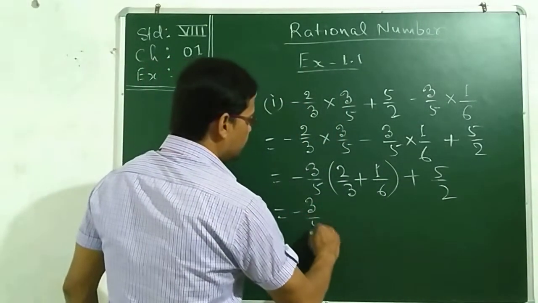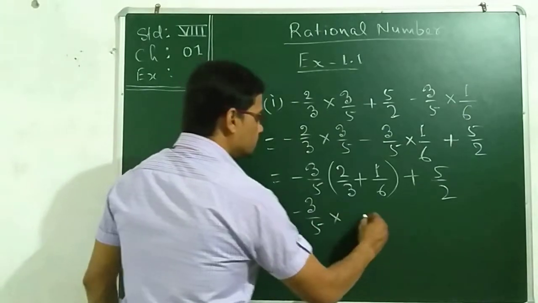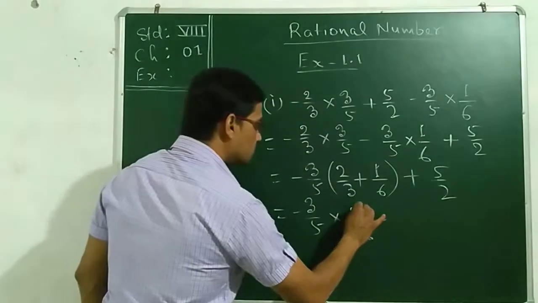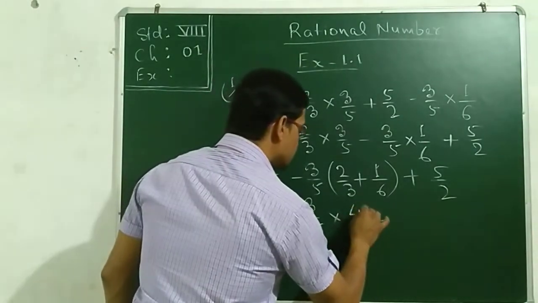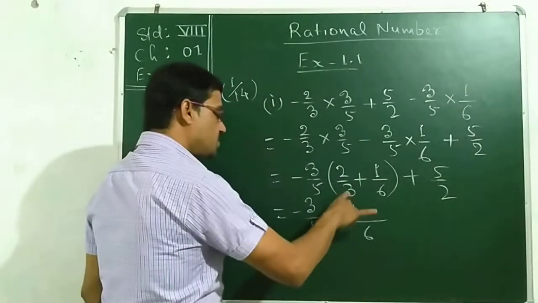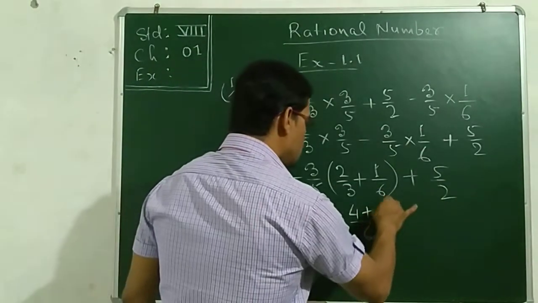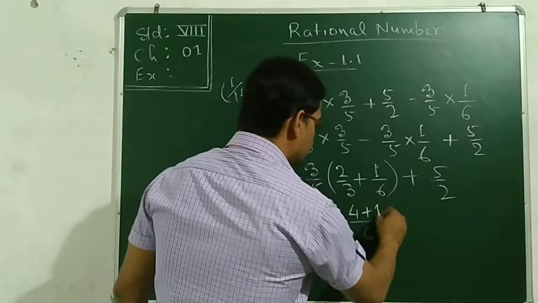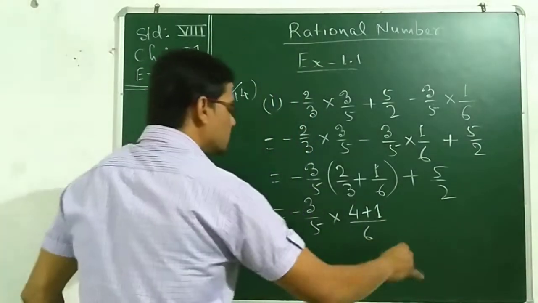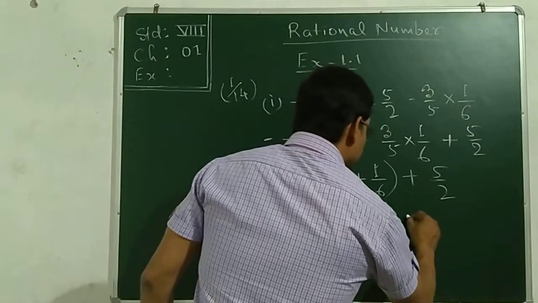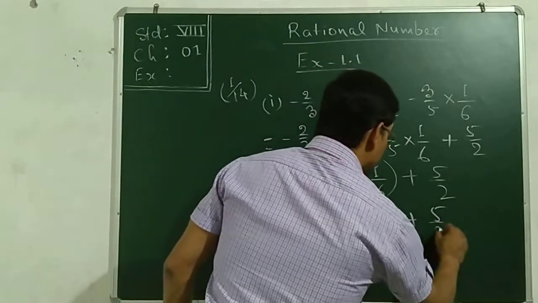Minus 3 by 5 into, take the LCM, 6. 3 2s are 6, so 2 2s are 4, 6 1s are 6, plus 1 1s are 1. 4 plus 1 by 6 plus 5 by 2.